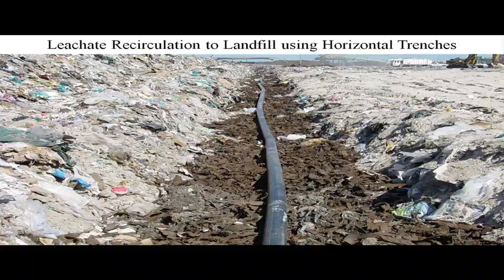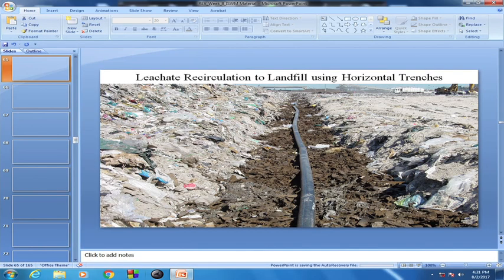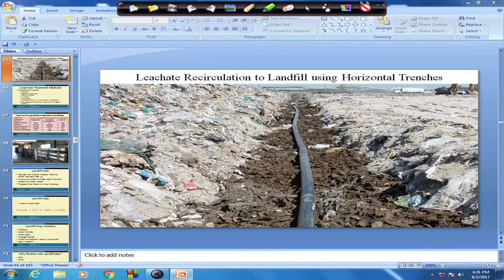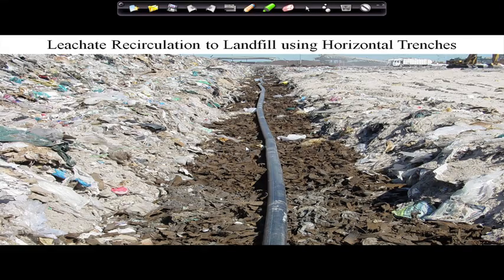As you know, the goal of this recirculation is to increase the moisture content, as we have talked about earlier. Why do we want to increase the moisture content? Because increasing the moisture content makes the life of microbes comfortable, and the microbes love more moisture, and that helps in degradation of the garbage.